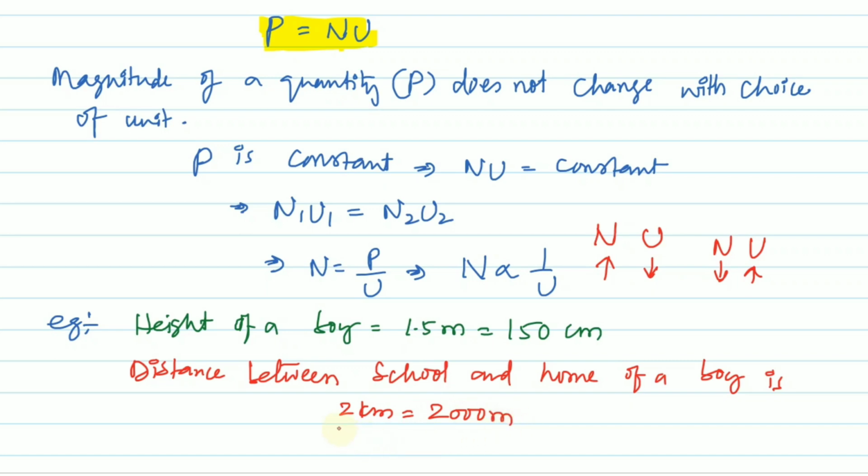Again in this case, 2 is a lesser numerical value and kilometer is a greater unit. When you convert this into meters, 2000 is a larger numerical value, whereas meter is a smaller unit, right? Hope you have understood this particular concept of unit and measurement of a physical quantity. Thank you.